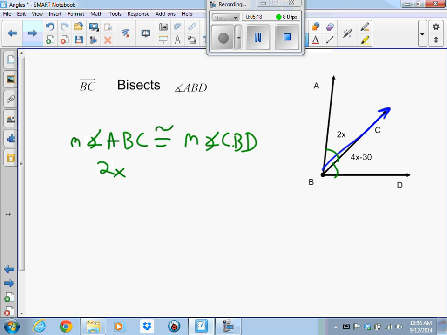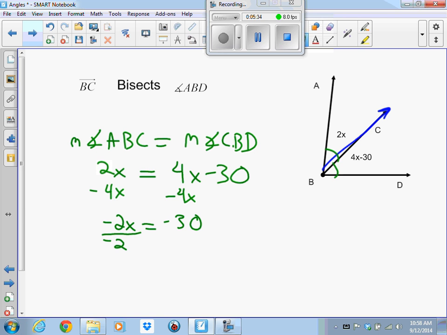So 2x equals 4x minus 30, and then we're back to just solving. Minus 4x, negative 2x equals negative 30, divide by negative 2, x is 15.